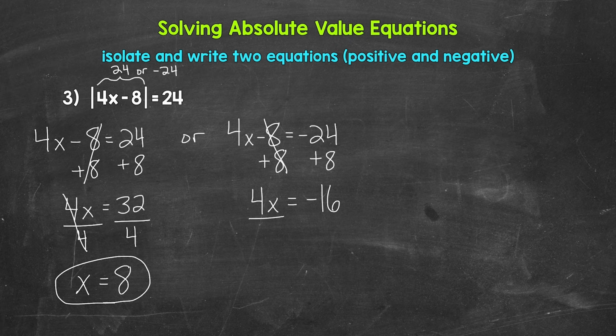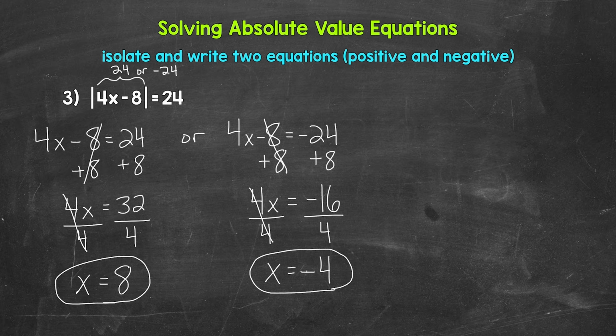So let's divide the left side by 4 now and the right side. These 4s cancel each other out. So x is now isolated. We have x equals, and then -16 divided by 4 gives us -4. So x equals -4. So those are our two solutions.